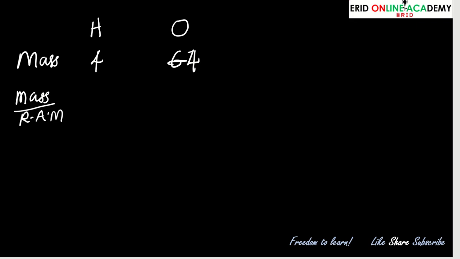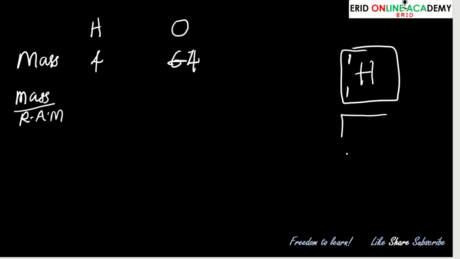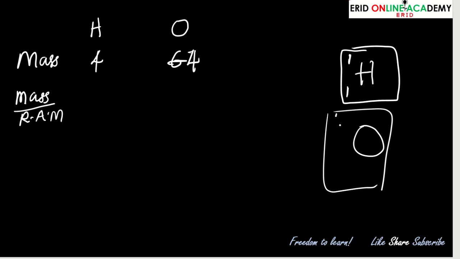Now, your relative atomic mass: refer to the periodic table of elements. You have 2 numbers attached to a particular element. For hydrogen, in the periodic table, you have 1 and 1. For oxygen, you have 16 and 8.